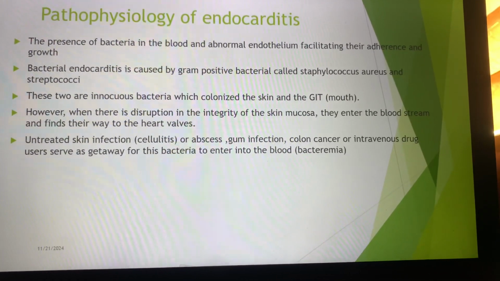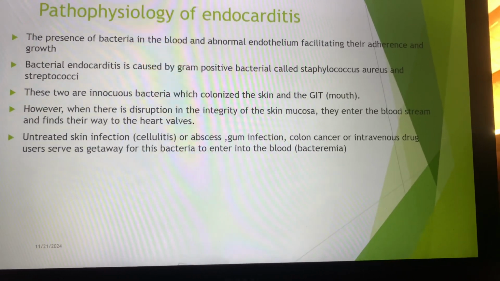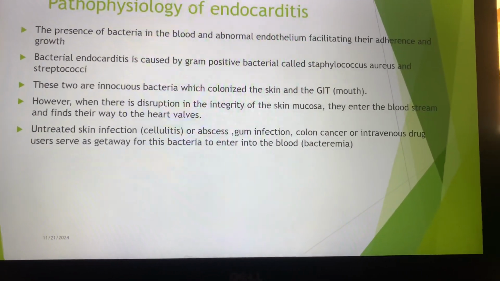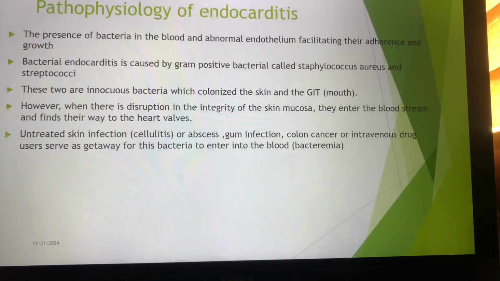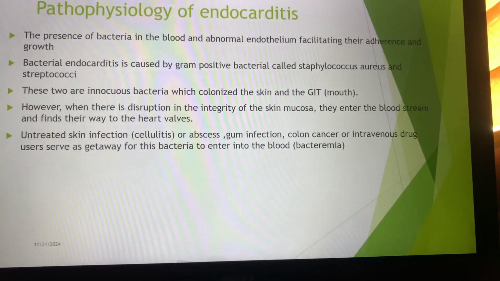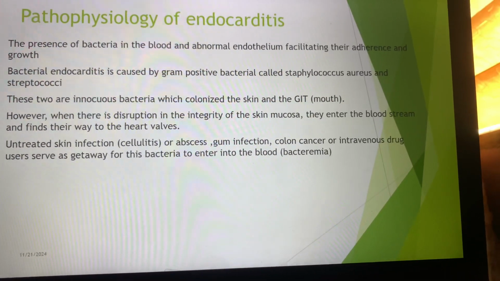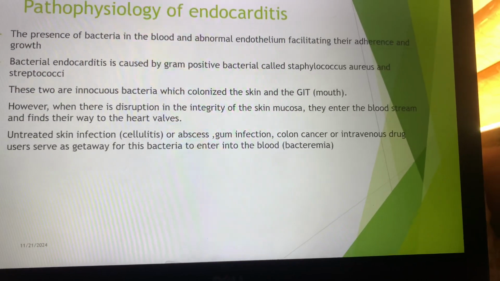Some of the conditions that compromise our skin integrity include cellulitis or abscess, gum infection as a result of poor oral care, and colon cancer. Intravenous drug use serves as a gateway for these bacteria to enter into the blood.